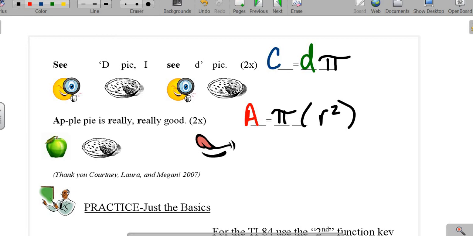Your mission tonight is to sing this to your family and annoy the daylights out of them.